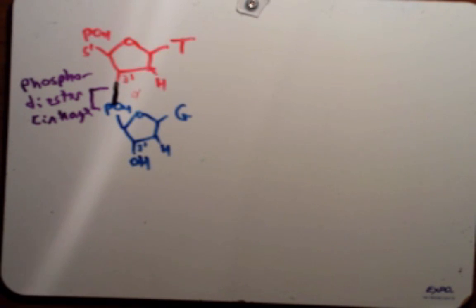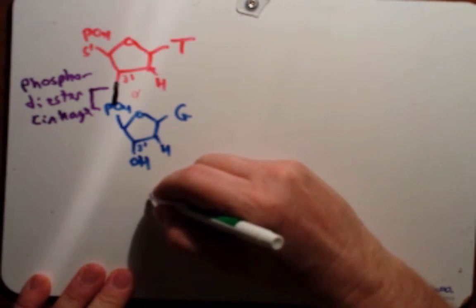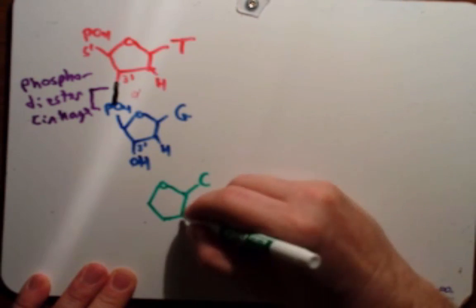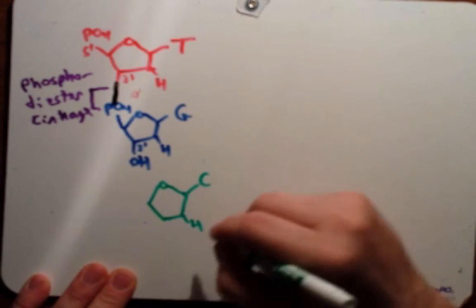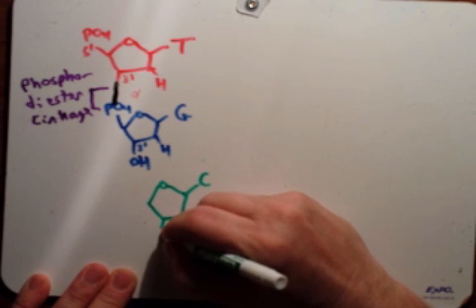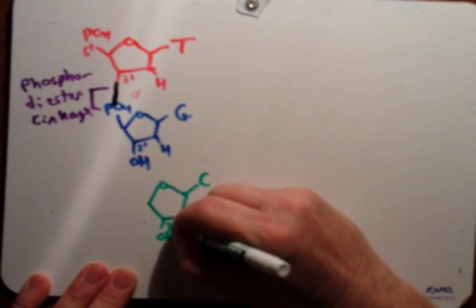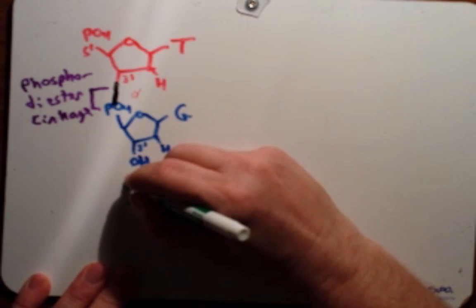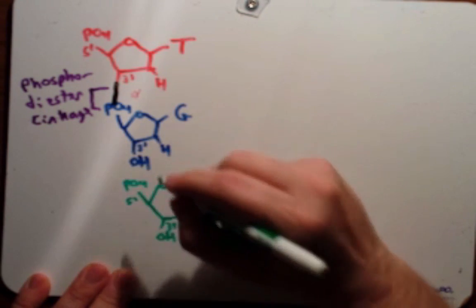Let's go ahead and add one more nucleotide to the bottom here. And we'll make this one cytosine. Again, it's DNA, so we have to have the hydrogen there. We have our 3' hydroxyl group. And then we have our 5' phosphate group here.